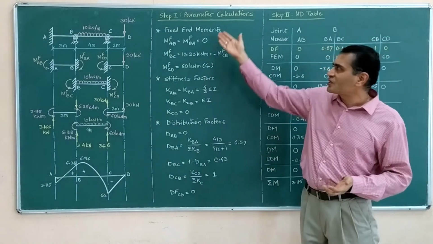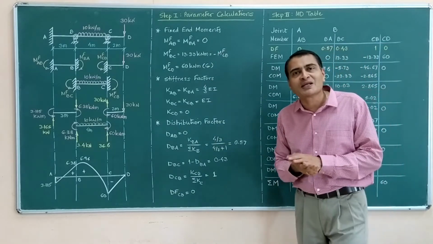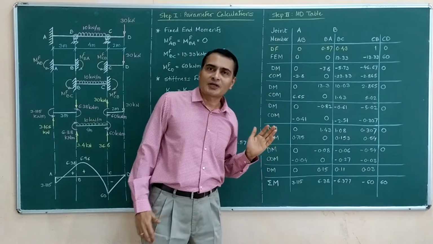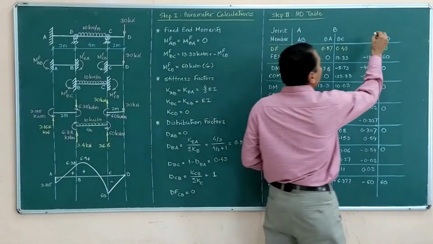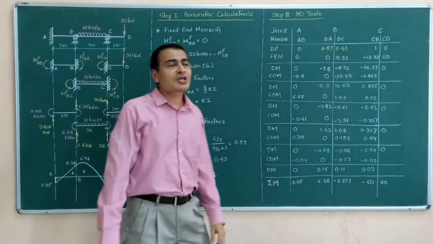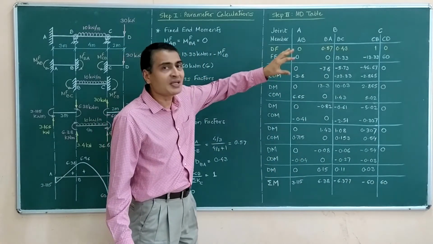So great. Once fixed end moments, stiffnesses and distribution factors are in place, we start with our next step, that is the moment distribution table, MD table. Joints are A, B, C. Members are going to be AB, BA, BC, CB, CD.